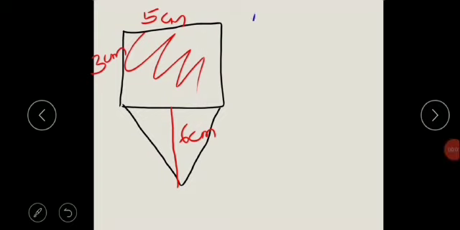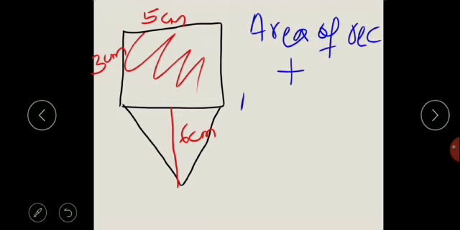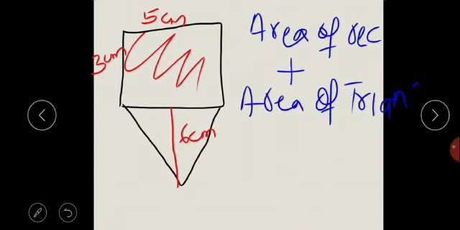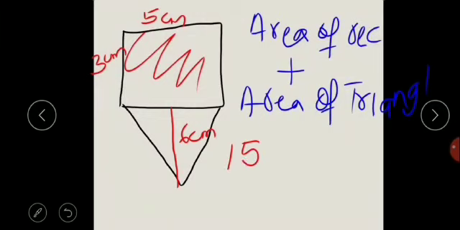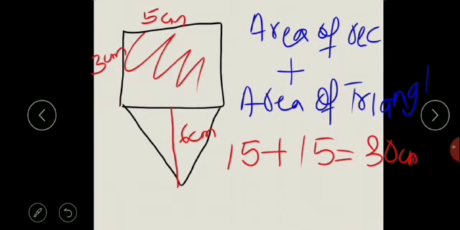So basically area of rectangle plus area of triangle. We know that the area of a rectangle is 15 centimeter square plus area of a triangle is also 15 centimeter square, and so we get 30 centimeter square as the area of this whole shape.